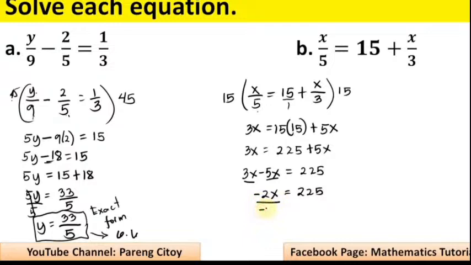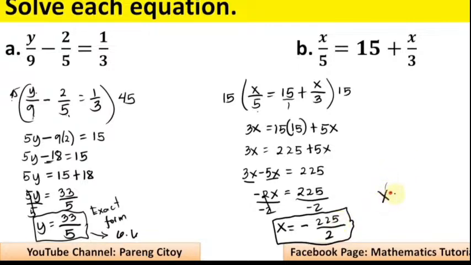Then divide both sides by negative 2. So the value of x is negative 225 over 2. So this is the value of x. In decimal, x equals negative 112.5.